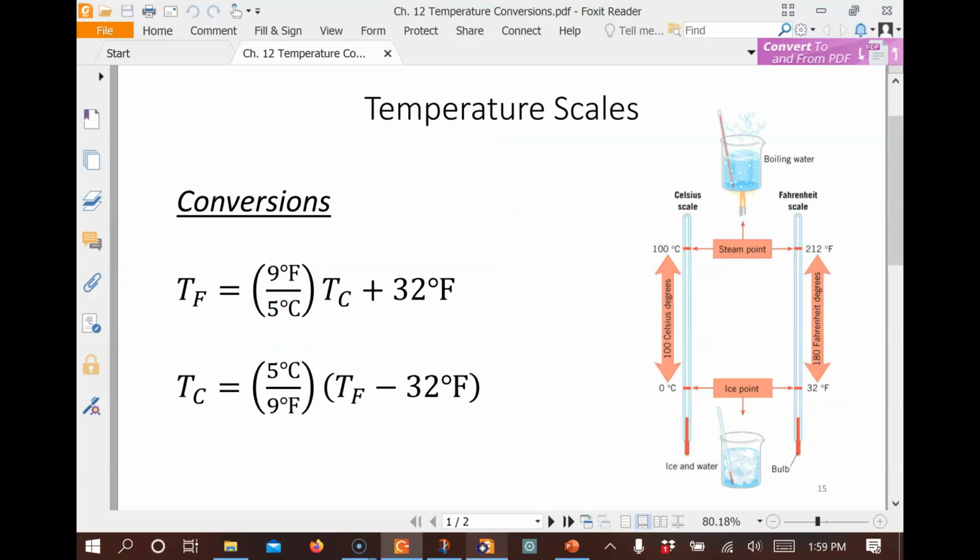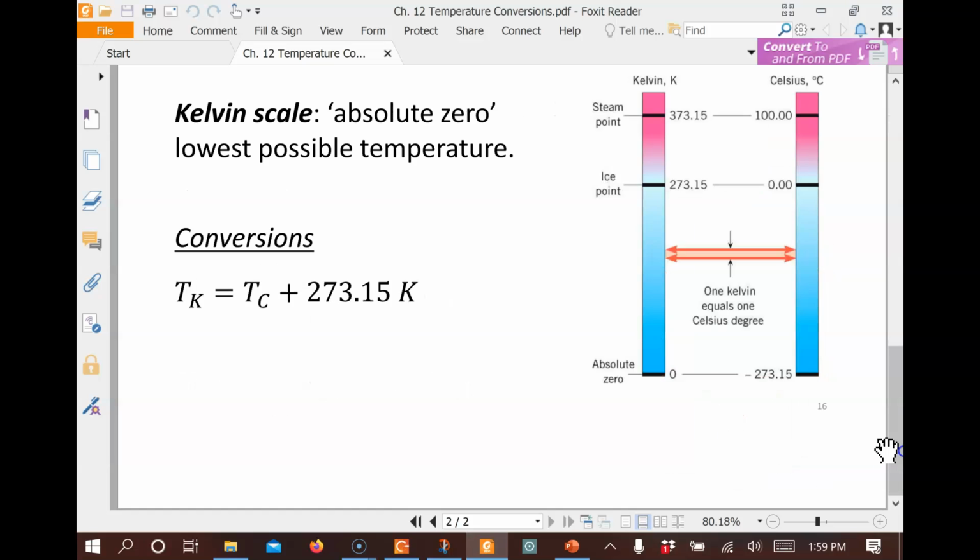Let's check out Kelvin and Celsius. There's no factor in front of the temperature for Celsius when converting to Kelvin. And in fact, if you look at the difference between two fixed points of temperature, it's 100 degrees Celsius. It's also 100 Kelvin. That means that the size of a degree for Kelvin is the same as Celsius.